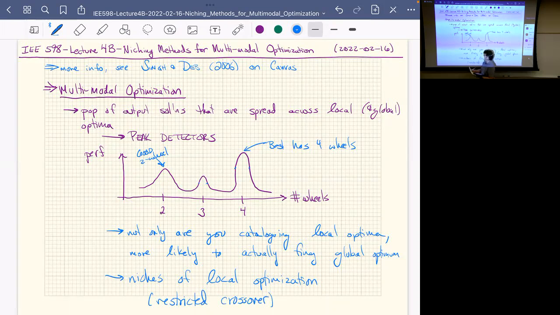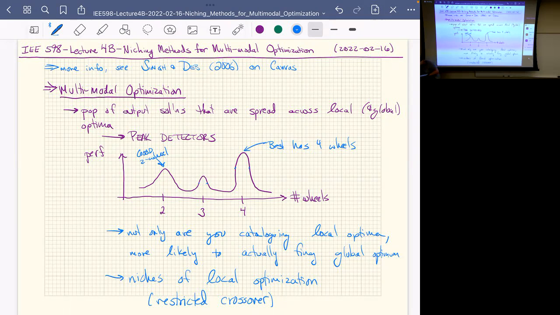And so the optimal output will be something that will deal with this type of challenge. These are ways in which we're enhancing the standard genetic algorithm to be more effective at using the entire decision space. That's what multimodal optimization really is.